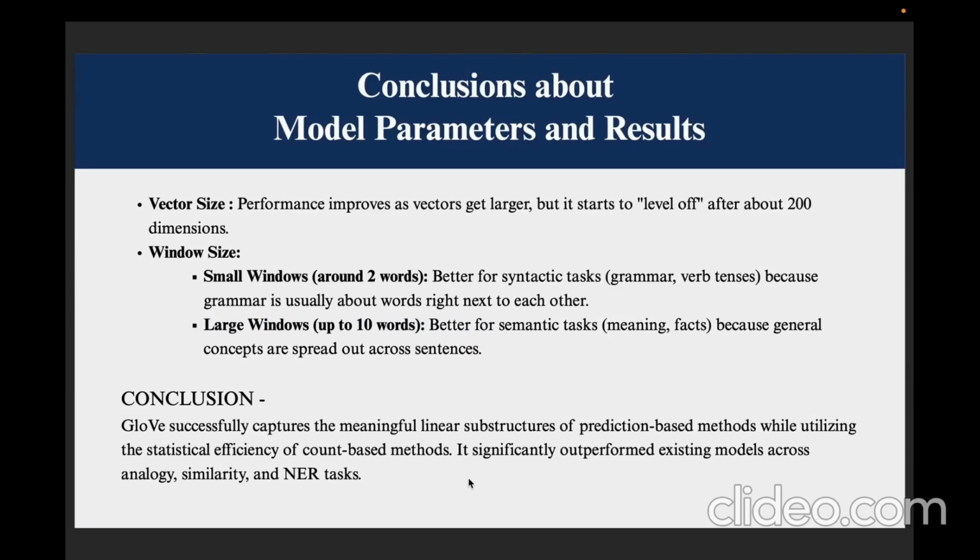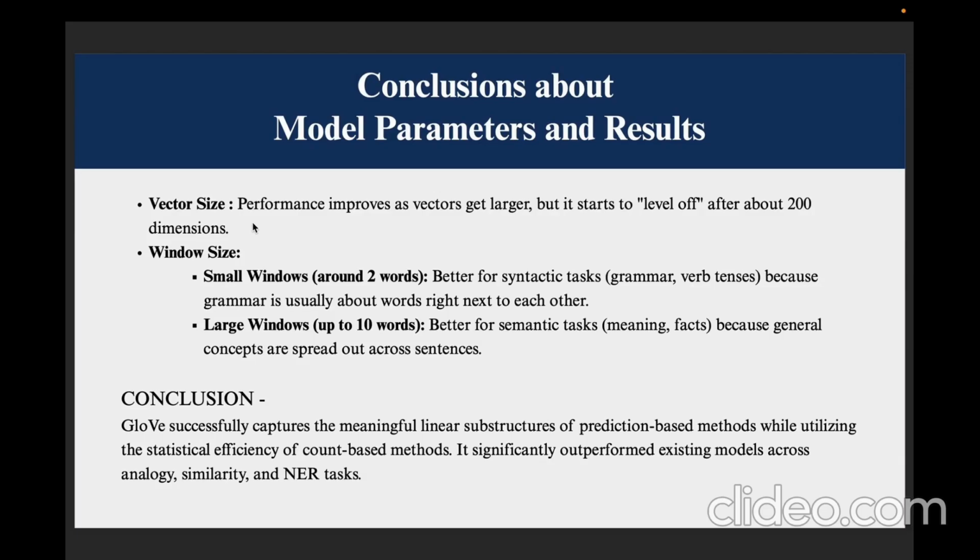Conclusion about the model parameters and results. The vector size. This slide concludes the kind of parameters that fit best with our model GloVe. Now first talking about the vector size. The vector size means what the best dimension for a vector should be to work well with GloVe.